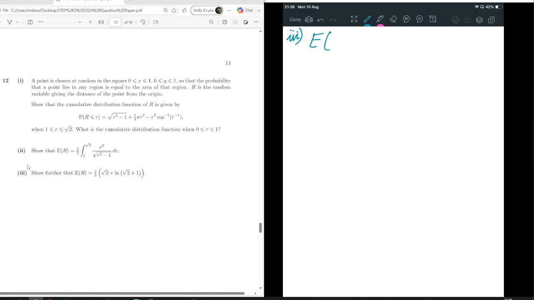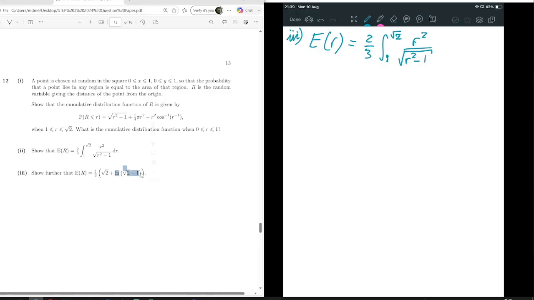We currently have that ER is 2/3 of the integral between 1 and root 2 of r squared over root r squared minus 1. And a couple of things which I'm going to try and notice straight away.